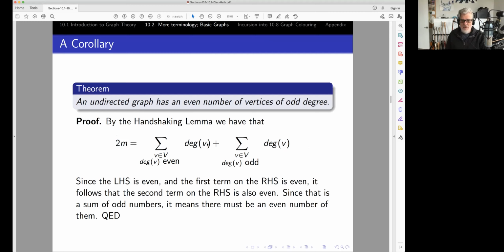Now the sum of even degrees is clearly even, as you're adding a bunch of even numbers. So if this is even, the last thing, the sum of the odd degrees, has to be also even. But if I'm adding odd numbers to get an even number, I have to have an even number of those, right? So that's where this comes from.